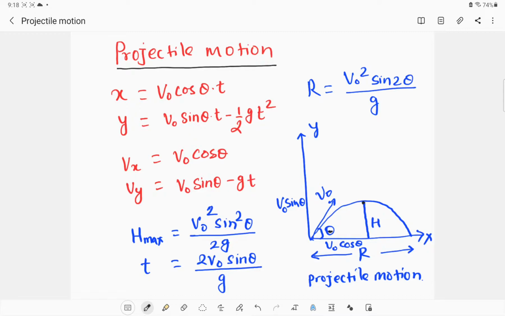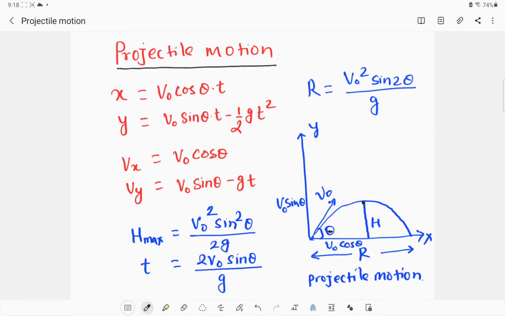Okay, so the most important thing that we have to find out is the positions, the x position and y position, and then the velocity. That's what we need to know about projectile motion. That is the first and foremost thing we must know.